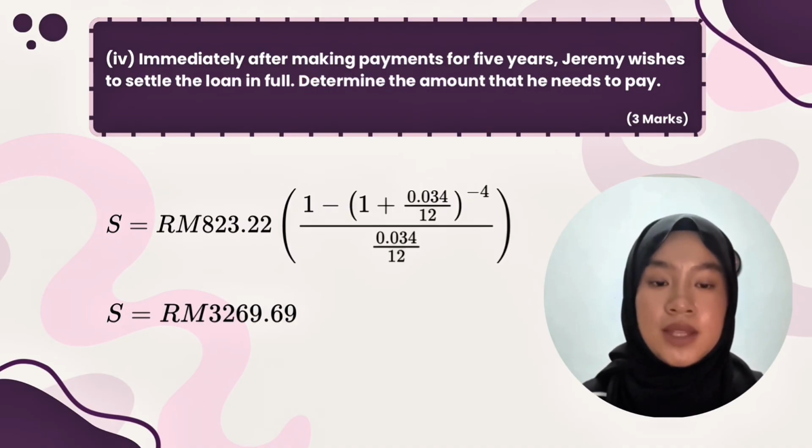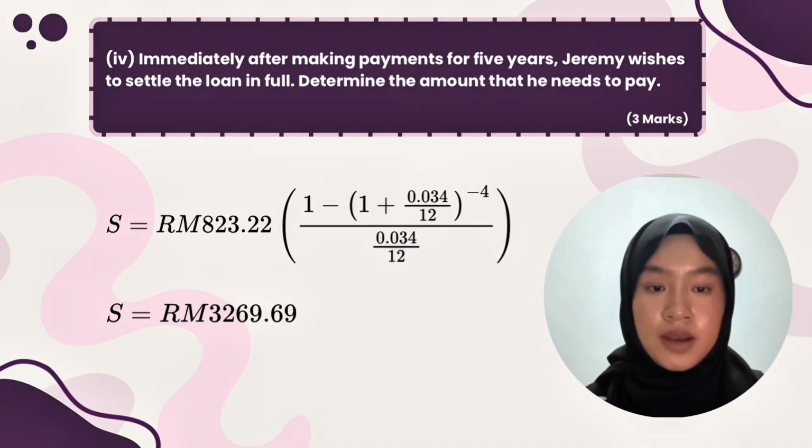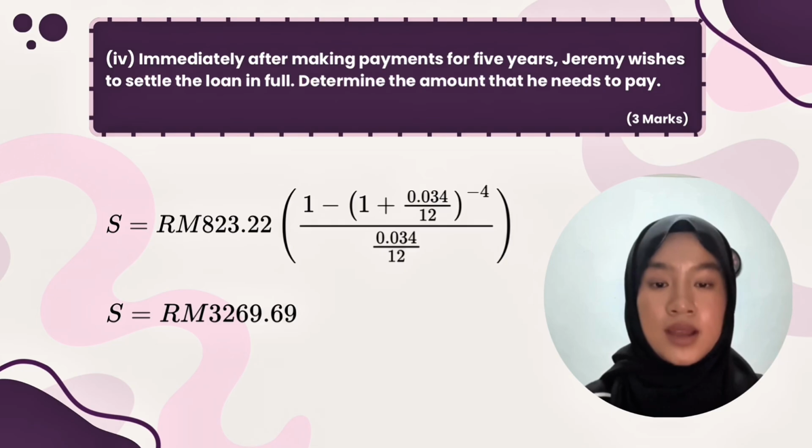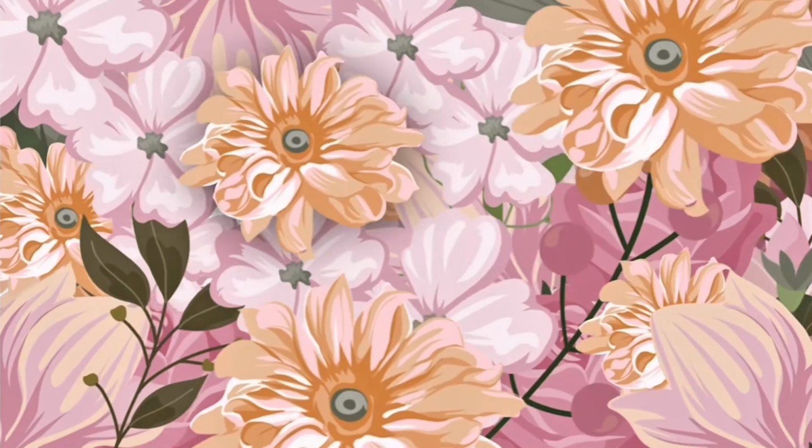Then I substitute the values: S equals 823 ringgit 22 cents multiplied by the bracket of 1 minus bracket 1 plus 3.4% over 12 bracket to the power negative 4, all divided by 3.4% over 12. After calculating, the total is S equals 3,269 ringgit 69 cents.